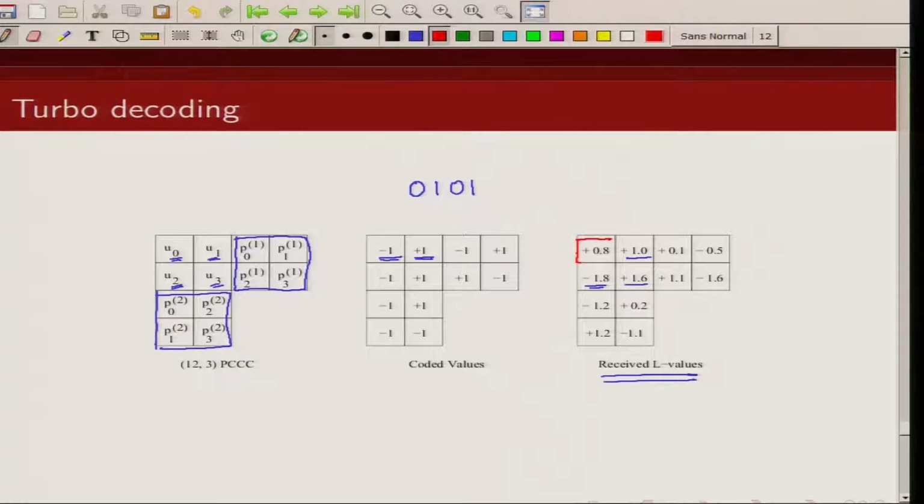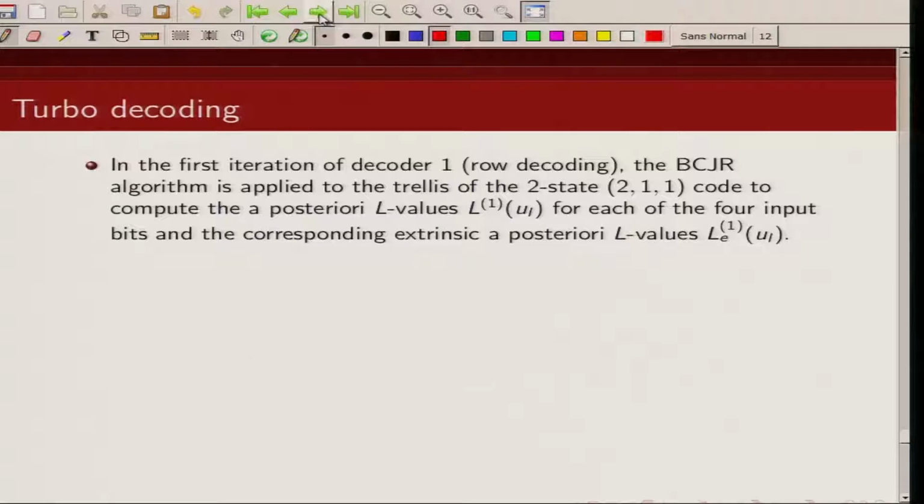Note here, this was transmitted as -1, but what I received is +0.8. So, this bit is received in error. Now, let us see how, using turbo decoding, we are able to correct this error.